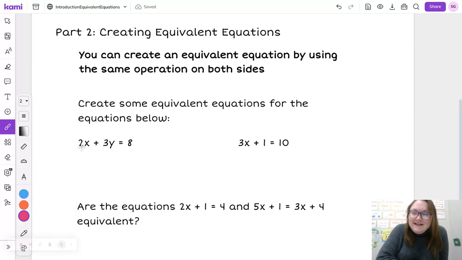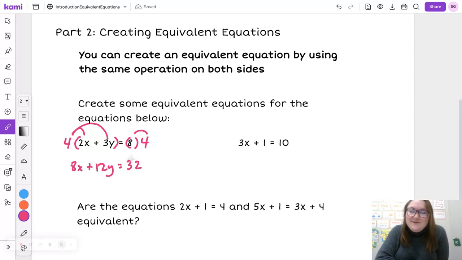So I could do anything. I could multiply both sides of my equation. So multiply this side of my equation and this side. As long as I multiply by the same number, I'm going to choose a random number, 4, it will give me an equivalent equation. So for example, the equation 8x plus 12y equals 32 would be equivalent to 2x plus 3y equals 8.